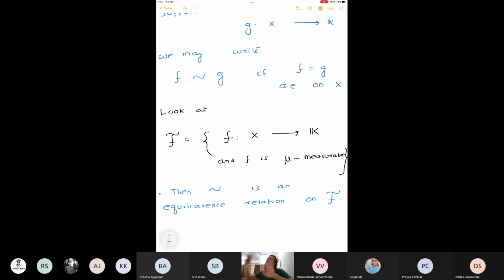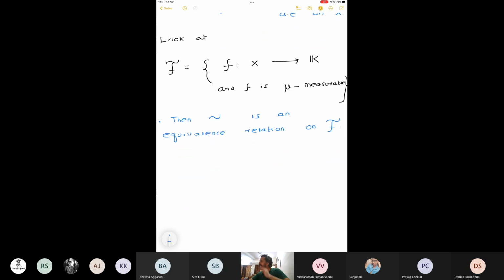Now I want F is equal to H. Which set do you have to throw? Yes. So you are done. Therefore, F equal to G almost everywhere and G equal to H almost everywhere will imply F equal to H almost everywhere. In short, the relation that you have defined is an equivalence relation.